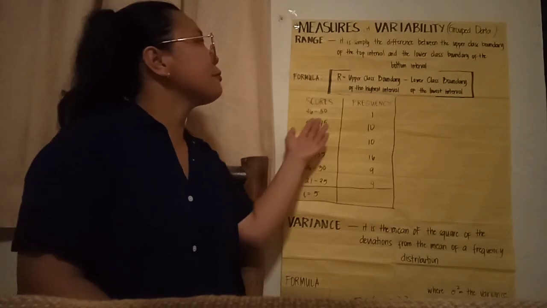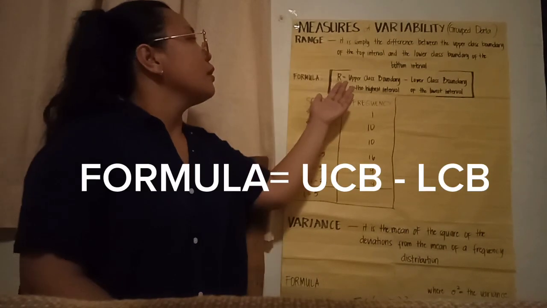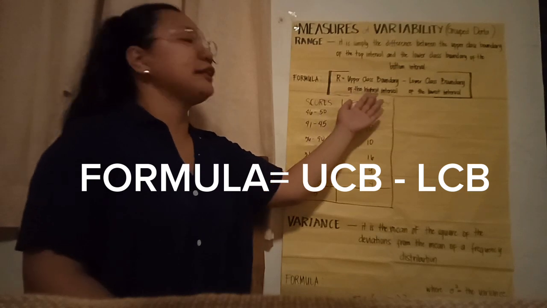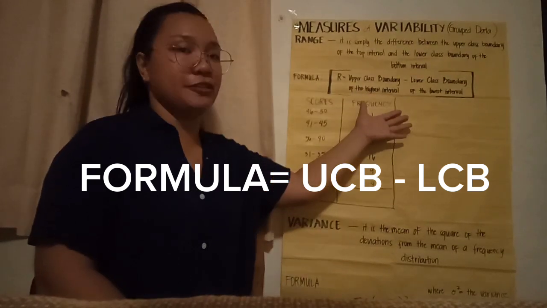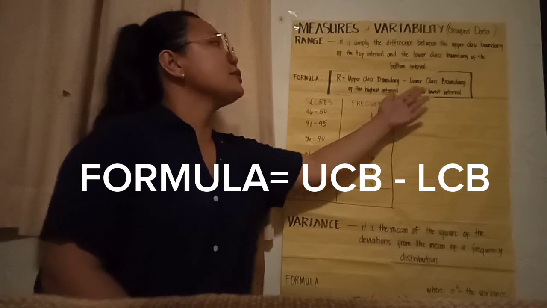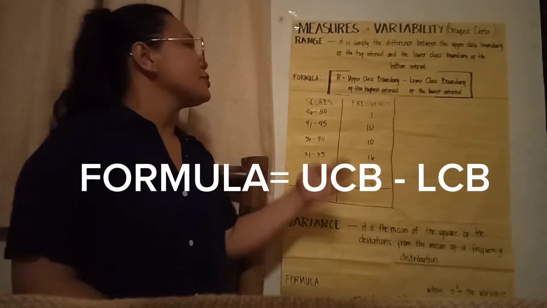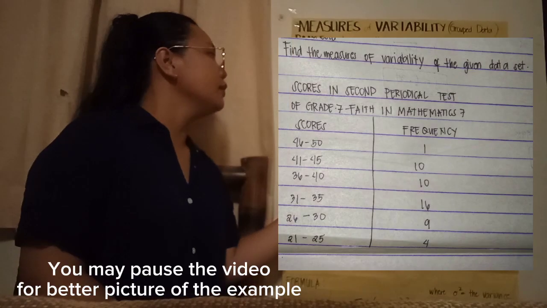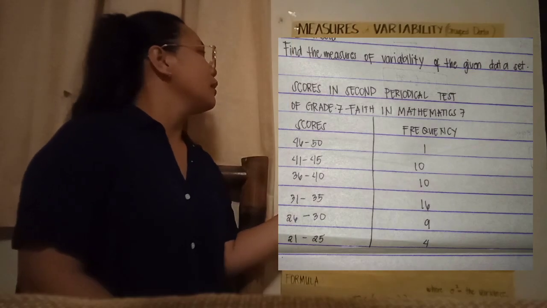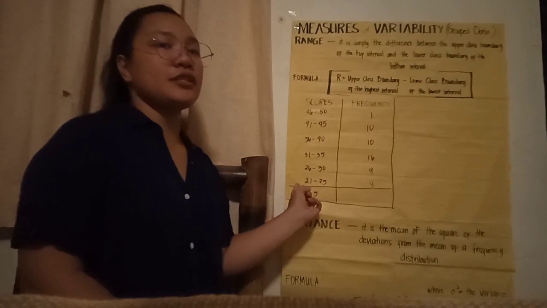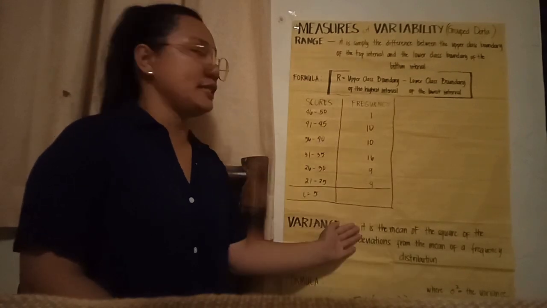So our formula for the range is: range equals upper class boundary of the highest interval minus lower class boundary for the lowest interval. So here is an example, and these are the scores of the students and these are the frequencies.